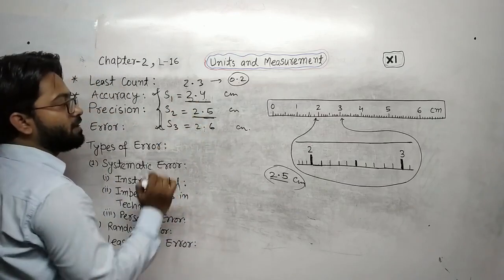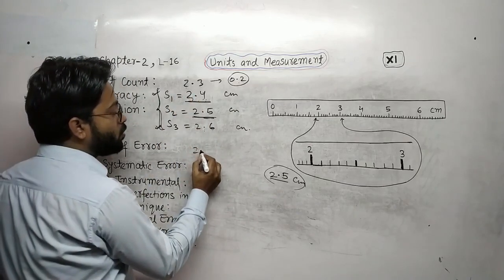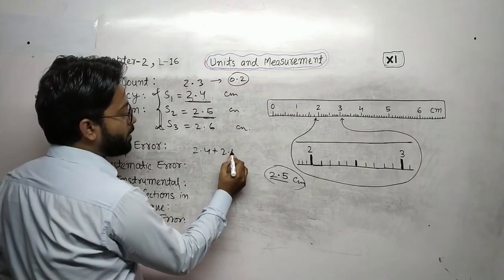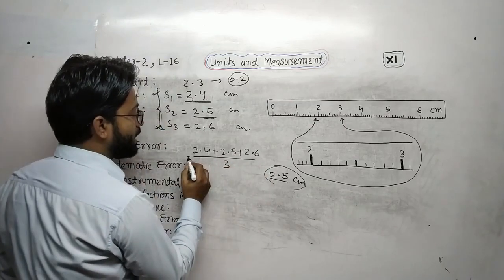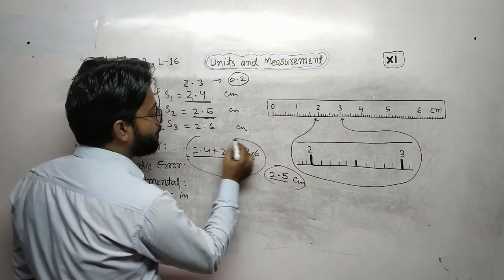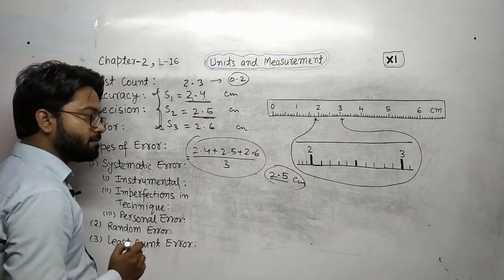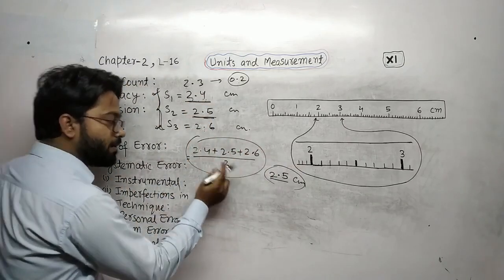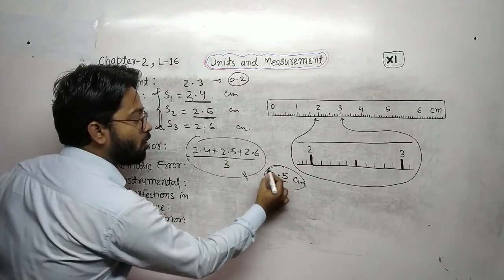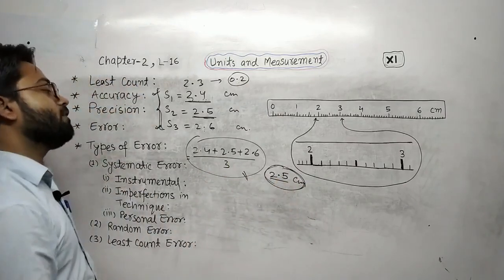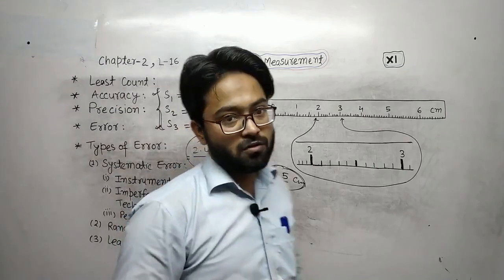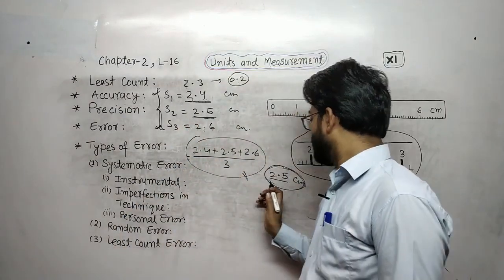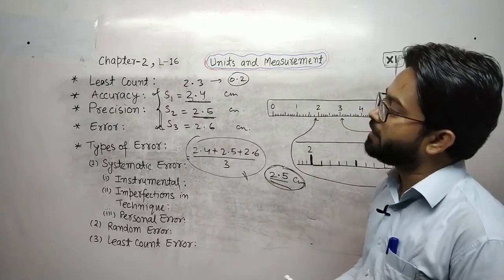This is the measured value. If you take the mean, 2.4 plus 2.5 plus 2.6 upon 3, this is the mean of the measurement. The mean will be treated as true value or actual value if it is not given. If the true value or actual value is given, then you will use that value. Okay, hope you are getting.